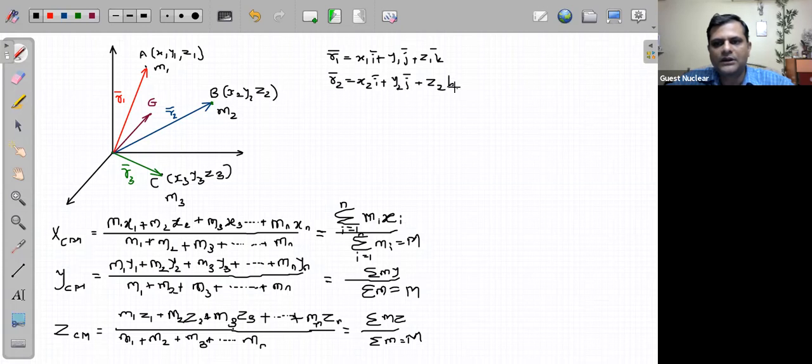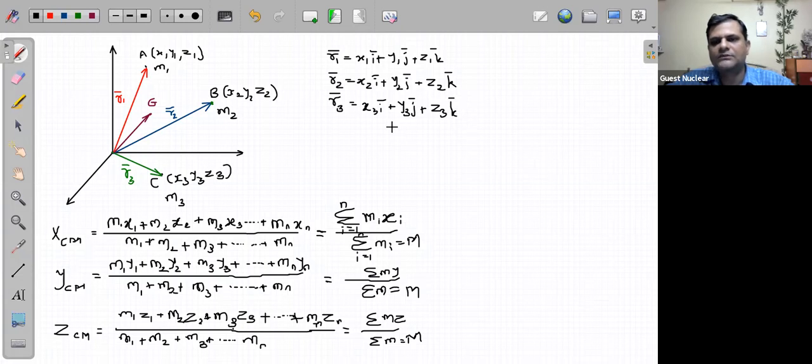Yes. And then we get the position vector of the third particle also. So R3 bar can be expressed as X3 into I bar plus Y3 into J bar and Z3 into K bar.